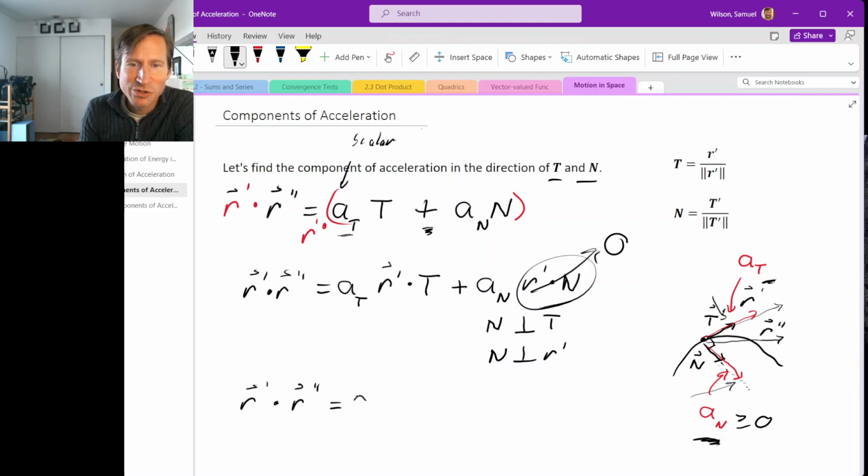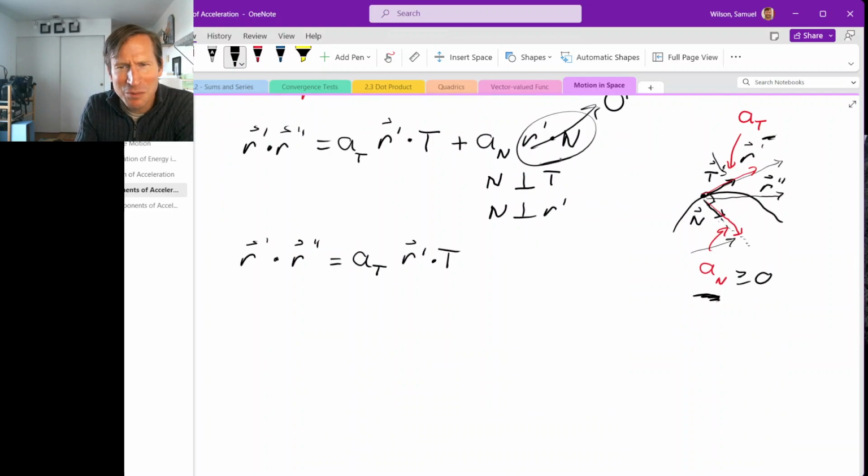r prime dot r double prime is equal to this tangential component of acceleration times r prime dot t. But remember, r prime is perpendicular to the normal vector, but r prime is parallel to the unit tangent vector.